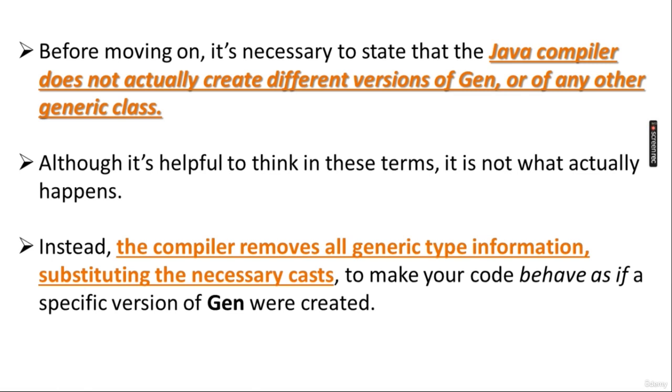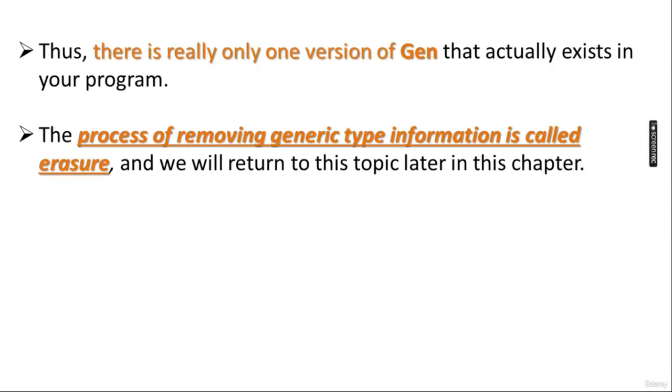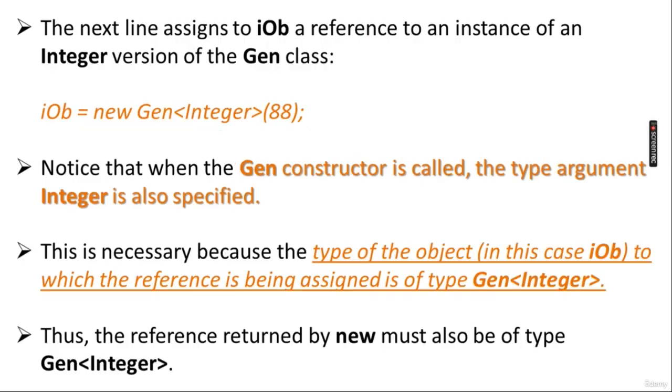If you are passing Integer, Integer will be created, and throughout the code it will behave as if all the generic type information is about Integer only. Thus there is really only one version of Gen that actually exists in your program, depending upon which type of object we are creating. The process of removing generic type information is called erasure, and we will return to this topic later.